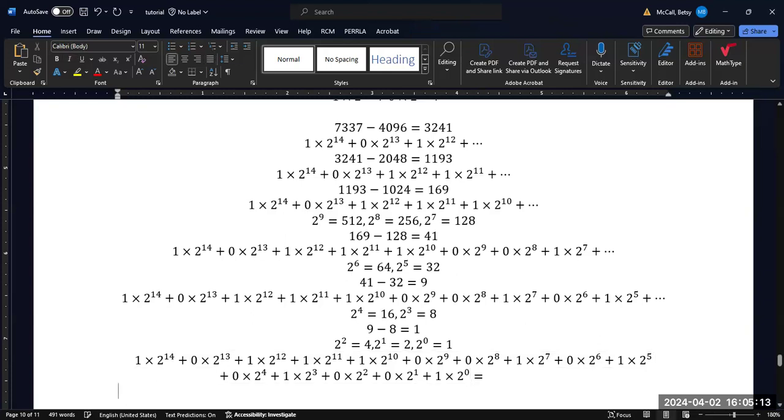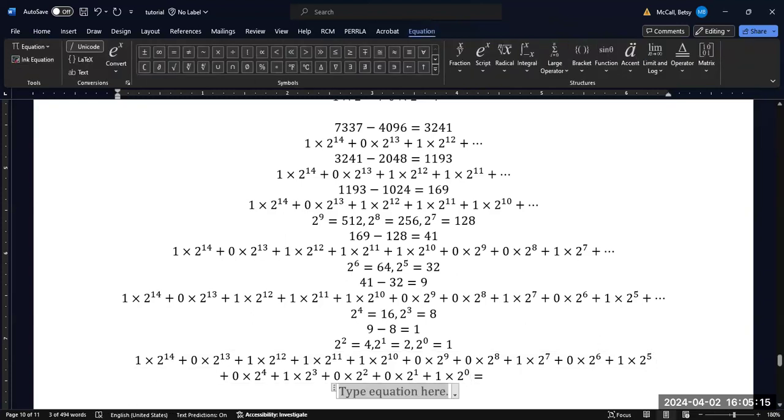And so what does that do for our binary number? 1, 0, 1, 1, 1, 0, 0, 1, 0, 1, 0, 1, 0, 0, 1.